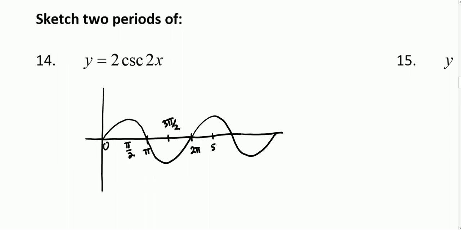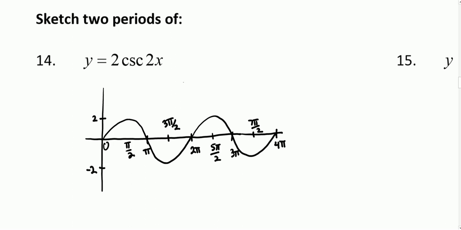This is 5 pi over 2, 6 pi over 2, which reduces to 3 pi, 7 pi over 2, and 8 pi over 2, which is 4 pi. We reach a max at 2, reach a min at negative 2.